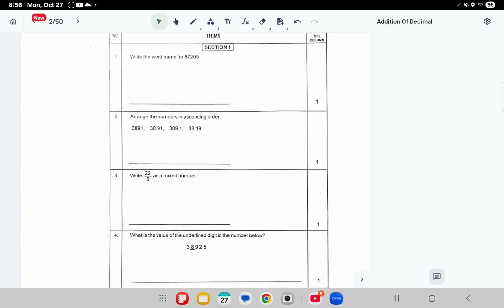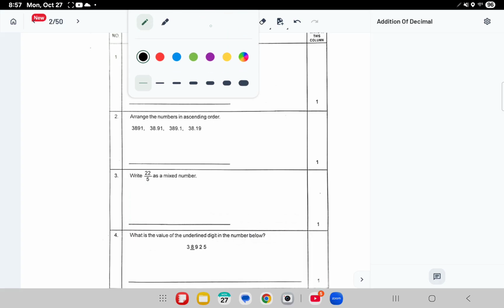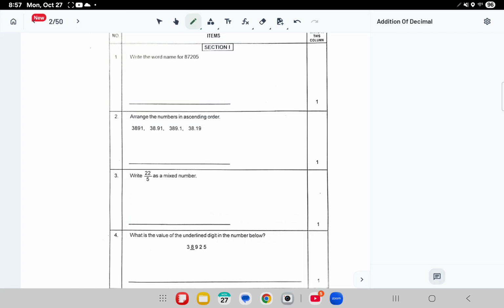First question, write the word name for 87,205. Alright, so looking at our place value chart, we have 87205, ones, tens, hundreds, thousands, tens of thousands.